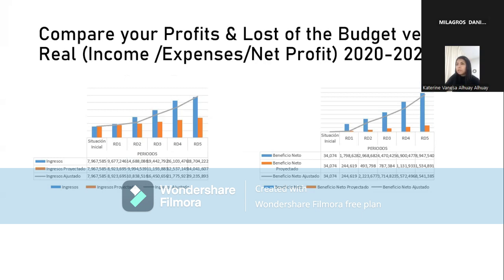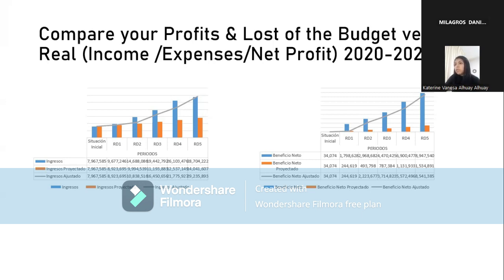Now, as you can see, in the situation before, we can see some pictures of the initial situation to RD5. According to the incomes, 7,967,585 in the initial situation.